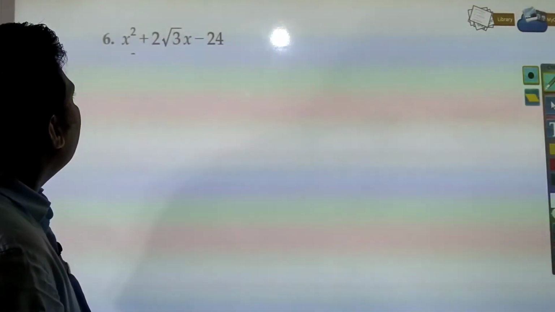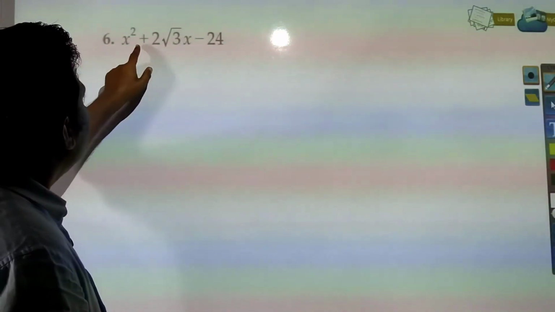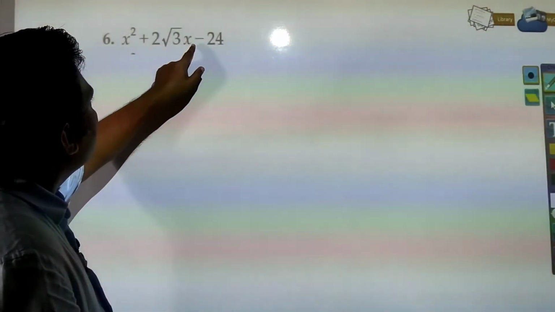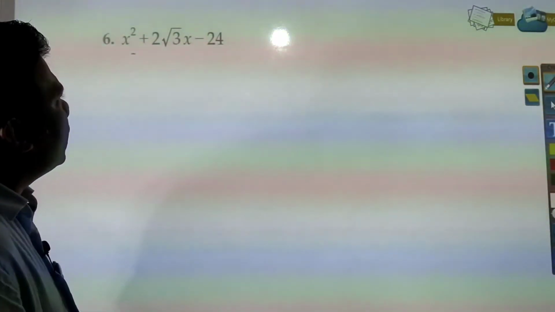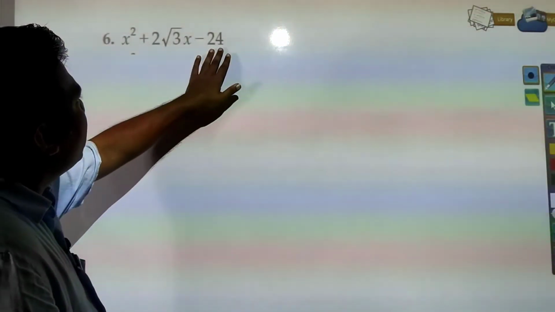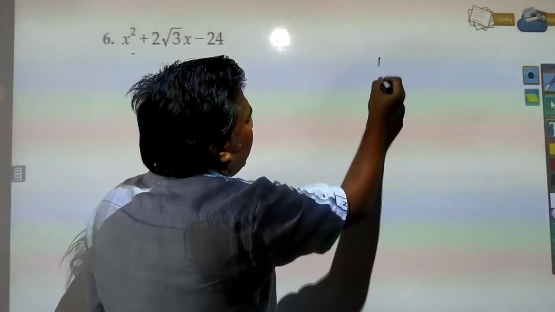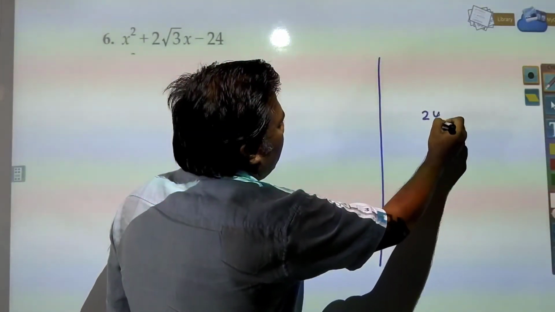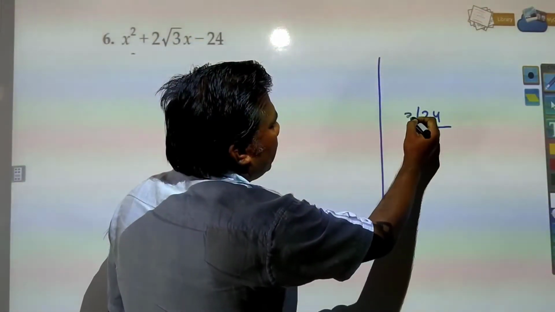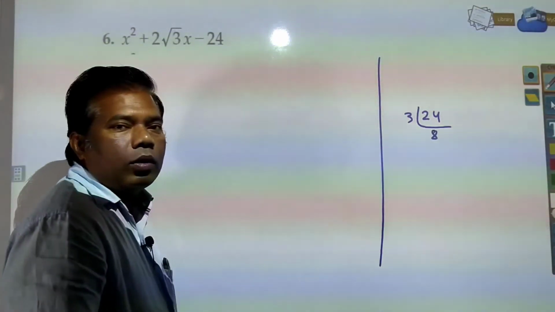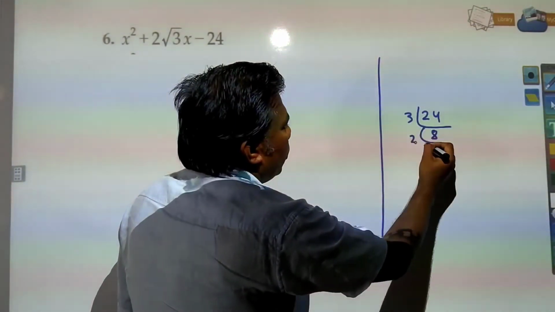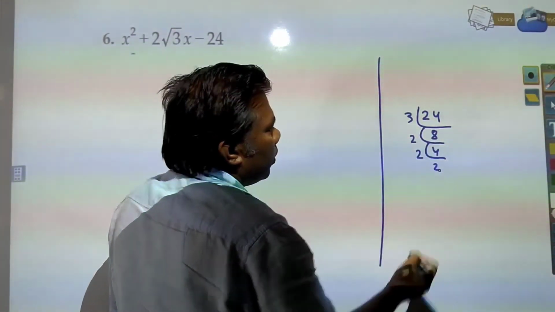Next question we have x square plus 2 root 3x minus 24. Again the same thing is required to be done. This 24 is required to be factorized. If you factorize 24, what will you get? 3 8s are 24, 2 4s are 8 and 2 2s are 4.